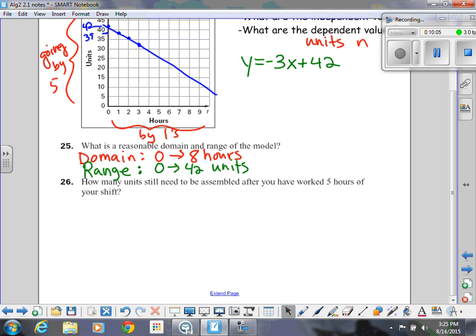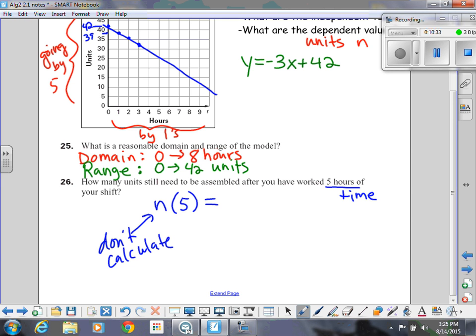Okay, so in 26, it says how many units still need to be assembled after you've worked 5 hours. Well, how do we know what to do with that? 5 hours is time, right? So that means we're going to be plugging in 5 for t. So I have n of 5. So this is just a name, right? That I don't do anything with. So don't calculate anything here. That's just a label.